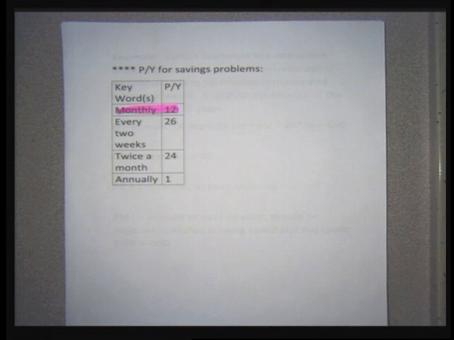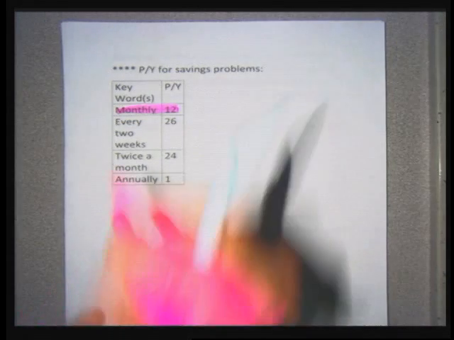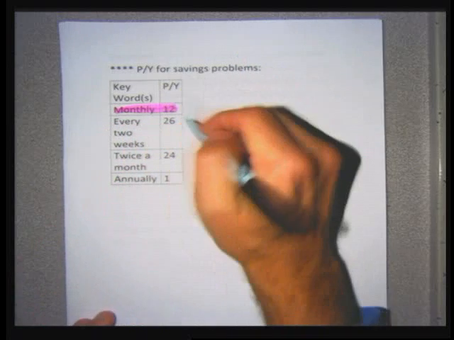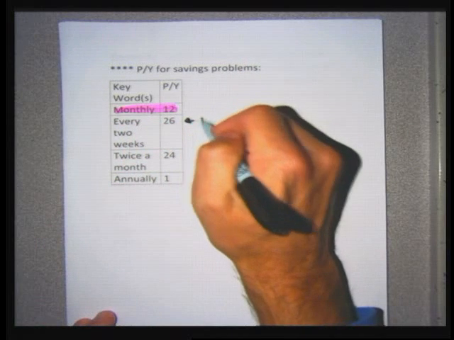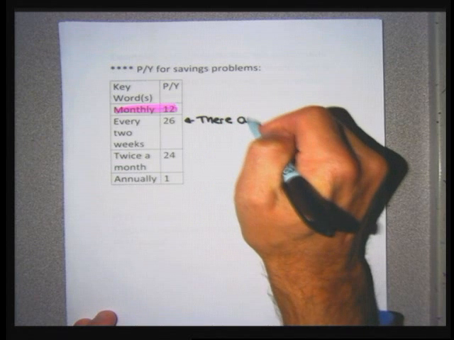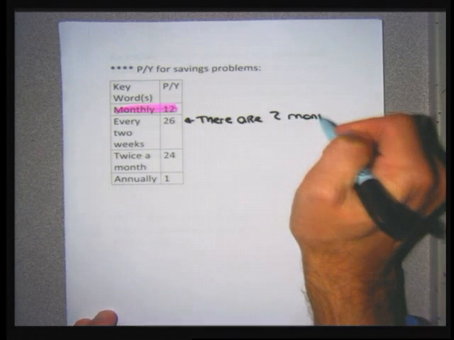This year it was November that I got 3 checks. So if you're saving for retirement and you're getting paid every 2 weeks, then the PY and the CY is 26, because in this kind of pay, there are 2 months each year that you get 3 paychecks.